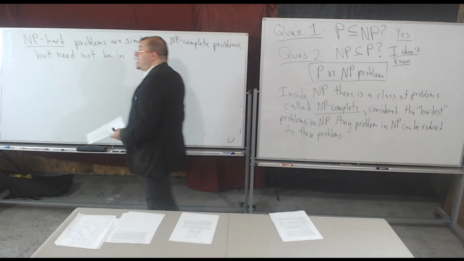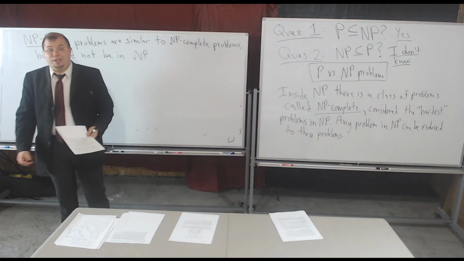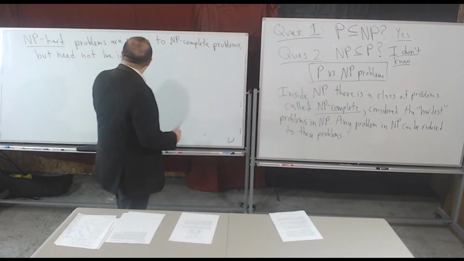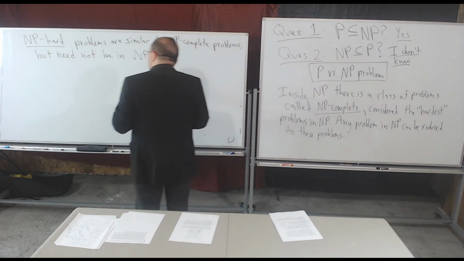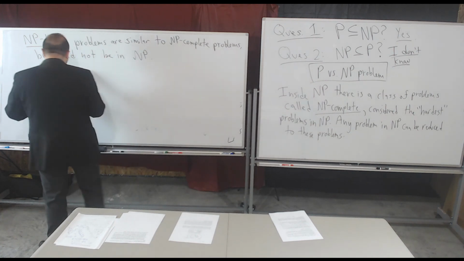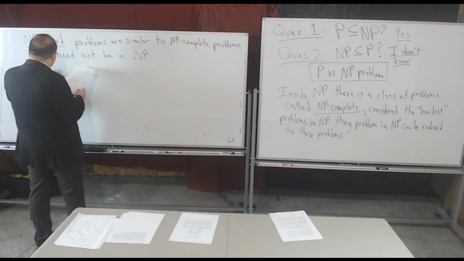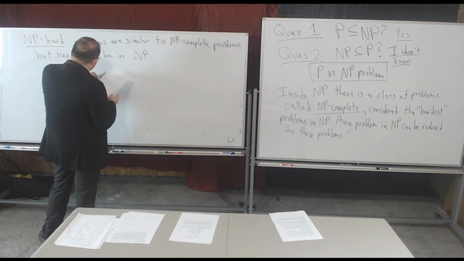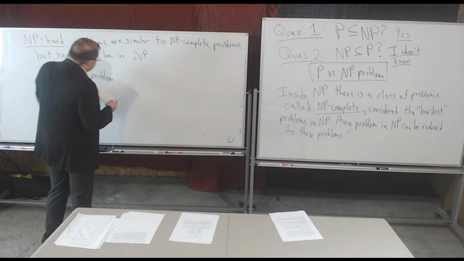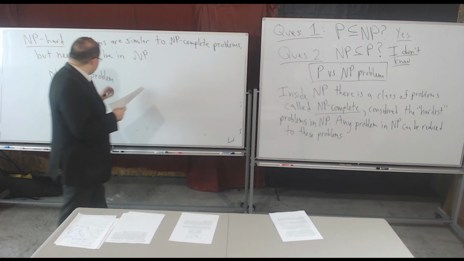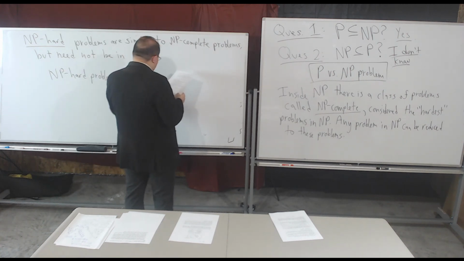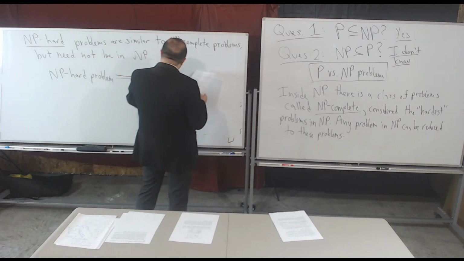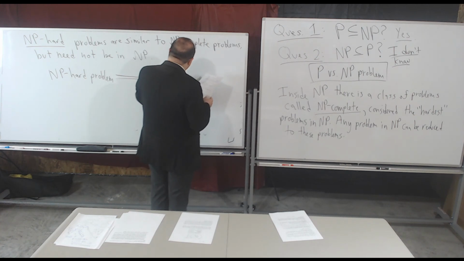The part being in NP is what makes it NP complete, because that has to be a decision problem. So that's what I'm saying, is that NP hard problems don't have to be decision problems. So what I mean by this is that if I give you an NP hard problem, the types that we're going to look at, optimization problems, what you could do is you could transform these into NP complete problems by simply doing what we did today.